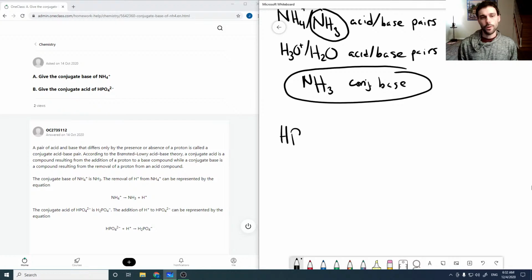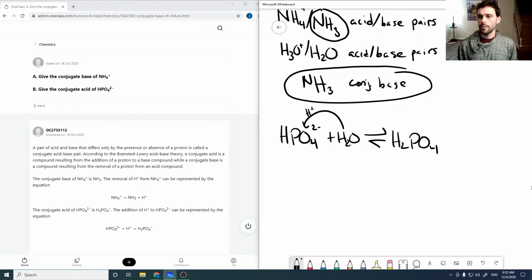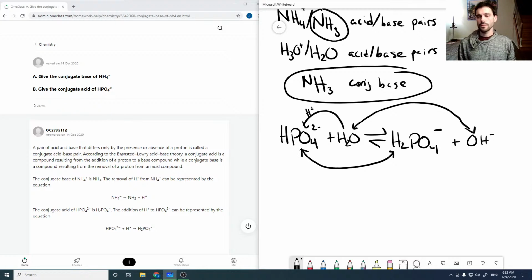So we've got HPO4 2 minus, and now it's accepting a hydrogen, H2PO4 minus plus OH minus. And so again, these guys will be acid-base pairs, and these will be acid-base pairs.